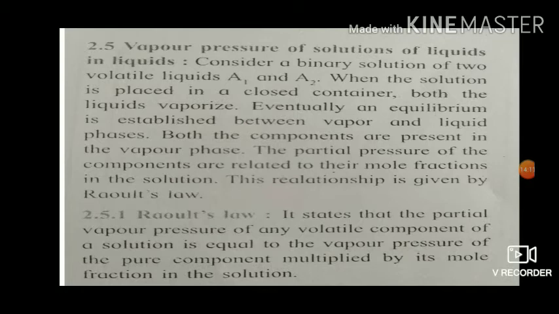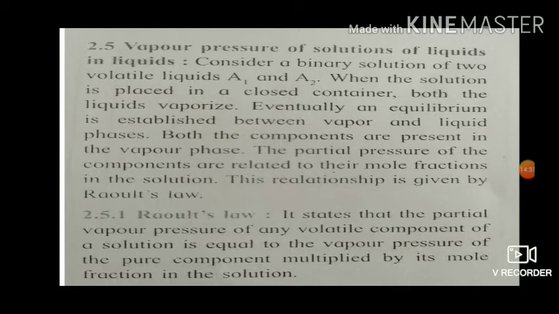Now, first we see the concept of vapor pressure. If we consider a liquid in an open vessel, then when the vapors of the liquid are formed, these vapors go into the atmosphere.